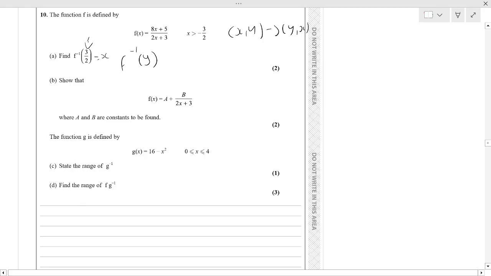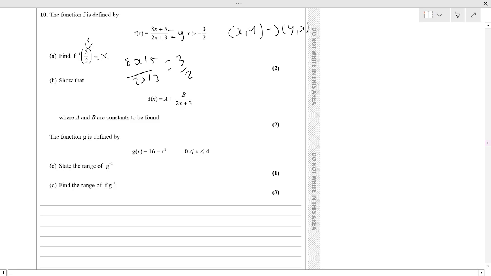So our input is almost our y value for f of x, and we need to find the x value that gives this y value. So you could be solving the equation (8x + 5) over (2x + 3) is equal to 3 over 2, and do it that way.